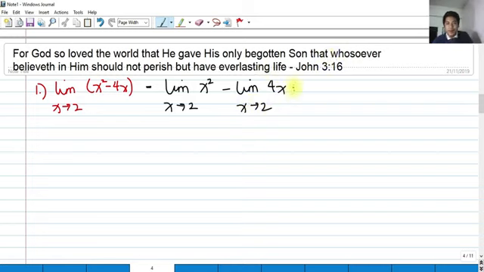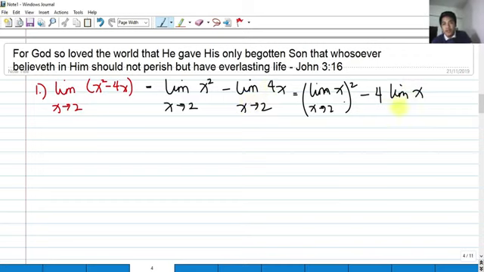Using the properties, we have the limit of x as x approaches 2, squared. Minus, I can factor out 4 outside of the limit because it's a constant. So the limit of x becomes x as x approaches 2.